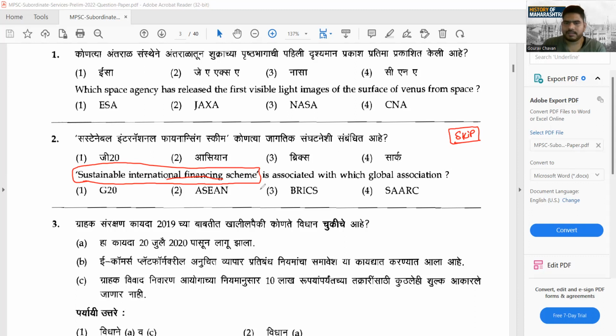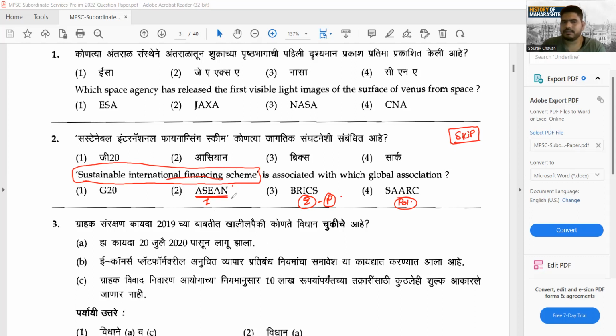See, in SAARC the main focus is given on political aspects. The same goes with BRICS; though it is an economic organization, the main focus is directed towards political matters. ASEAN, again, India is not a member of ASEAN, but still, if it is talking about a sustainable international financing scheme, they are not running any such scheme.